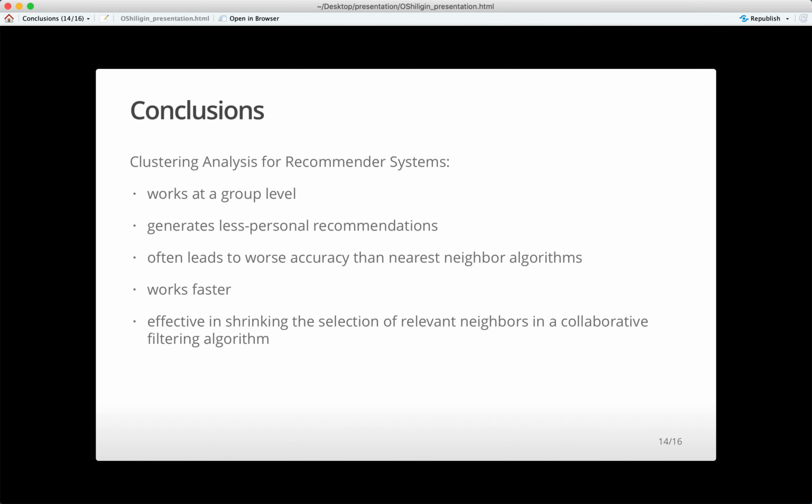At the same time, clustering techniques work faster on aggregated data. Also, we can benefit from combining clustering methods with collaborative filtering algorithms, shrinking the selection of relevant neighbors.